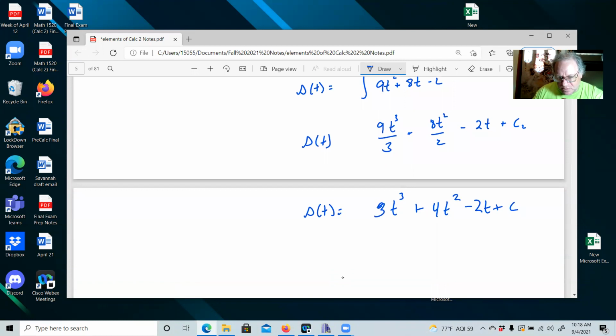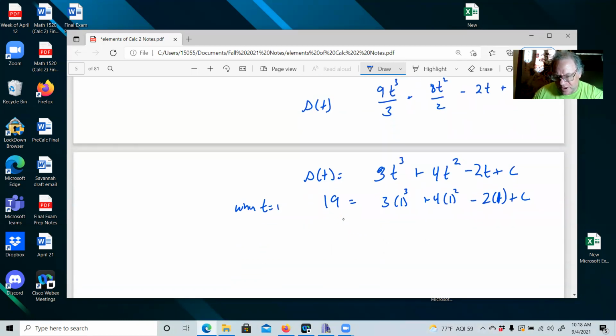And we said when t equals 1, that 19 is equal to 3 times 1 cubed, which is just 1, plus 4 times 1 squared, which is 1, minus 2 times 1, plus c.